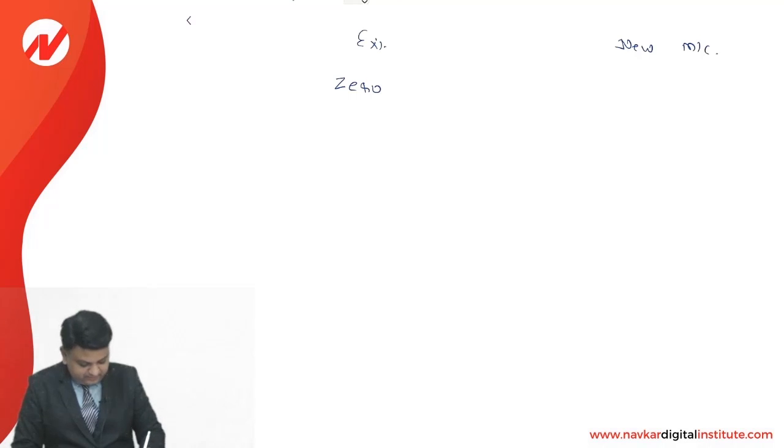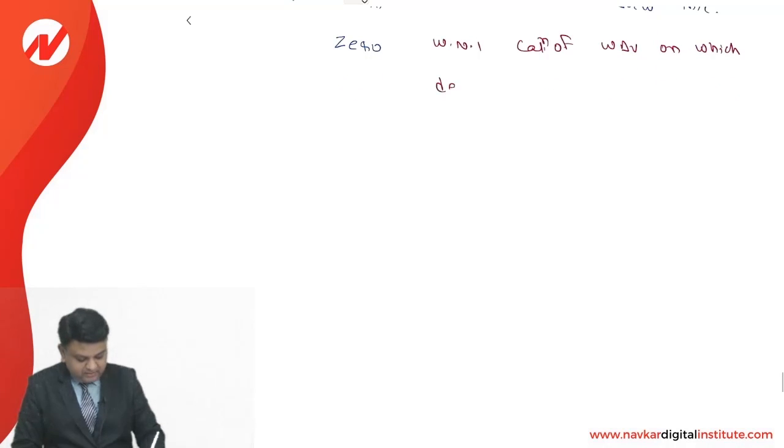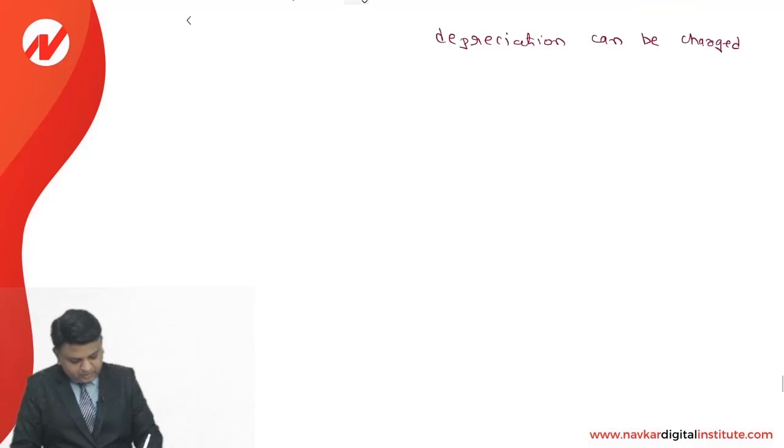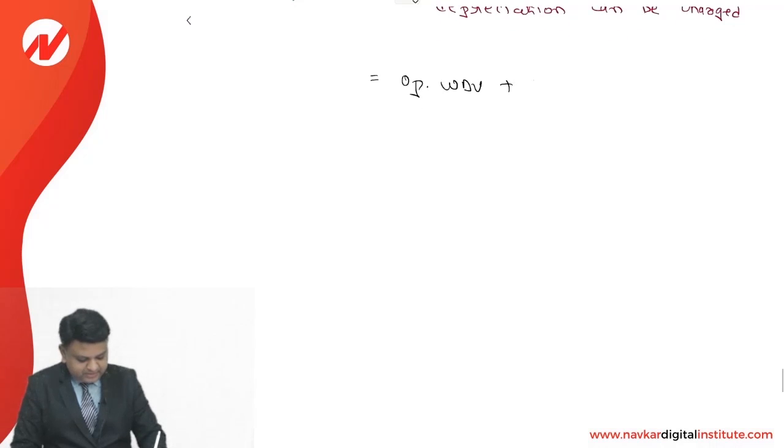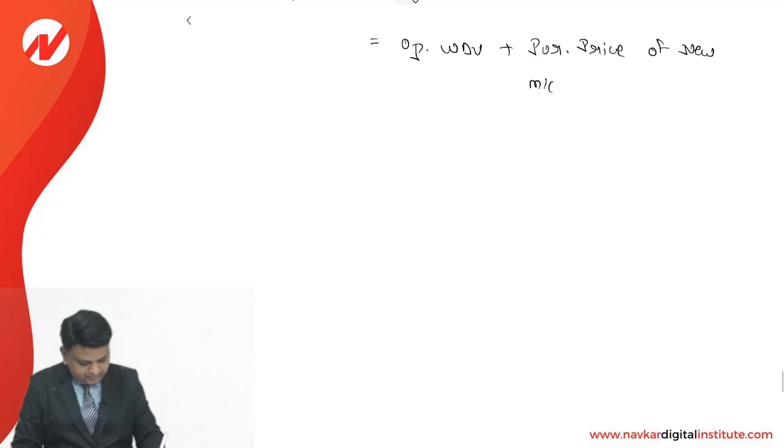So dear students, first of all we are required to prepare a working note. That is working note number 1: calculation of WDV on which depreciation can be charged. It will be calculated as opening WDV plus purchase price of new machinery minus sale value of existing machinery.